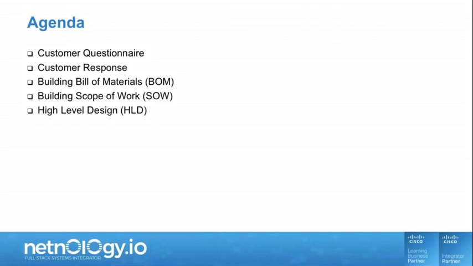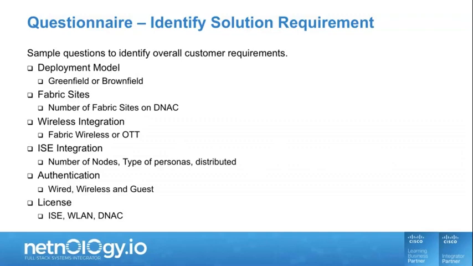At the end of the day, it is their network. Once it is designed and implemented, they will be the ones managing it with the help of Cisco Advanced Services or with some other partner services. But they need to understand their network better. Based on the customer response, based on what they want, based on the outcome desired, a bill of material will be defined. So let's look at some of the examples.